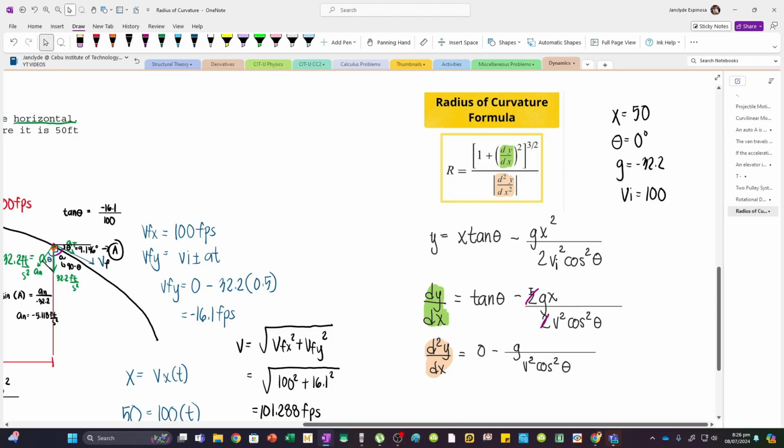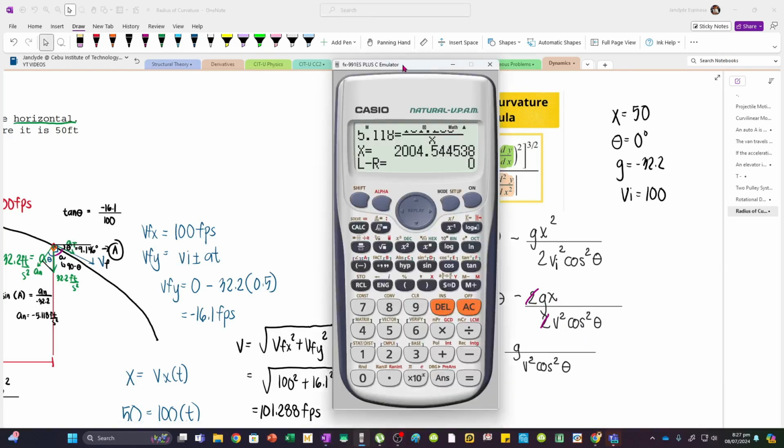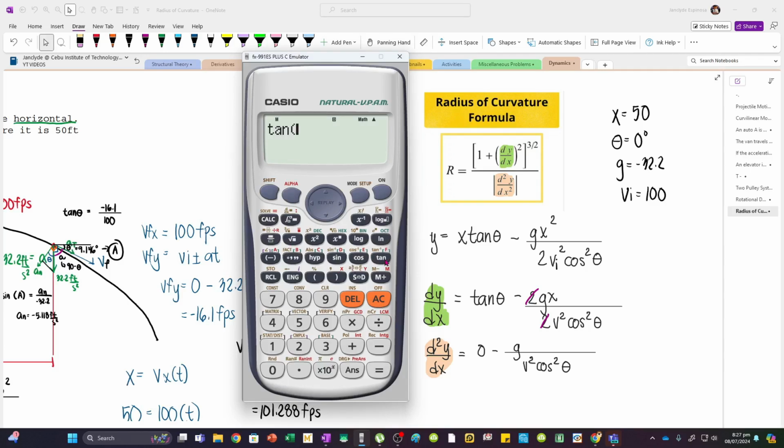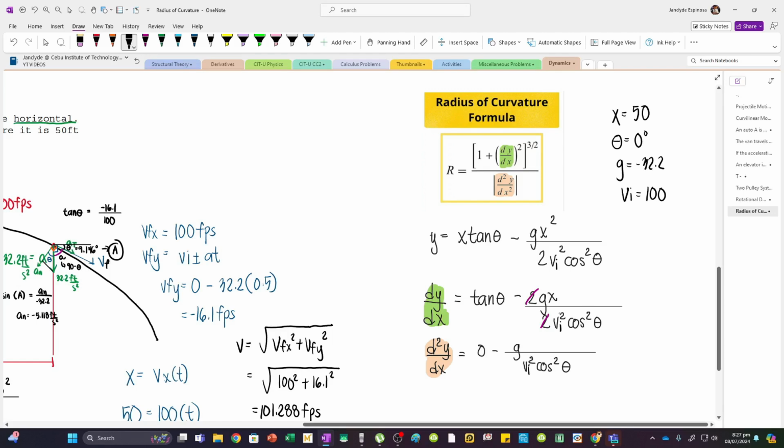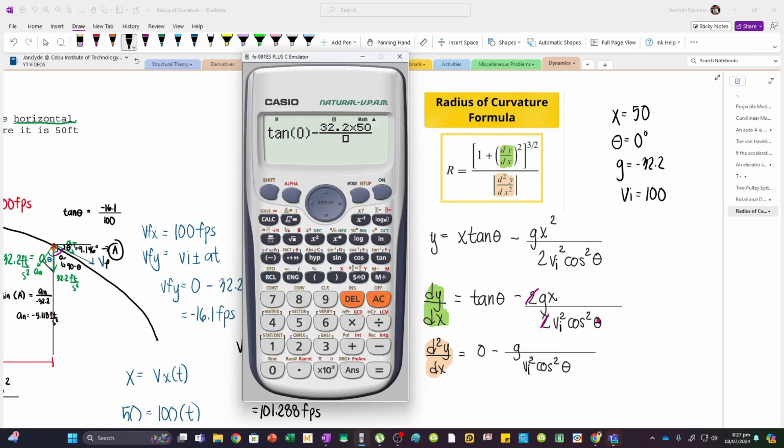So now I have dy/dx, which is tan theta minus gx over VI squared cos squared theta. We input tan 0, minus g, which is 32.2, times x, which is 50, over VI squared. Again, this is VI, not to be confused with V.